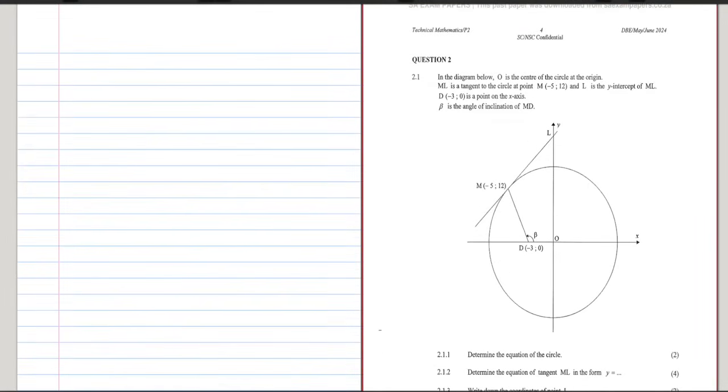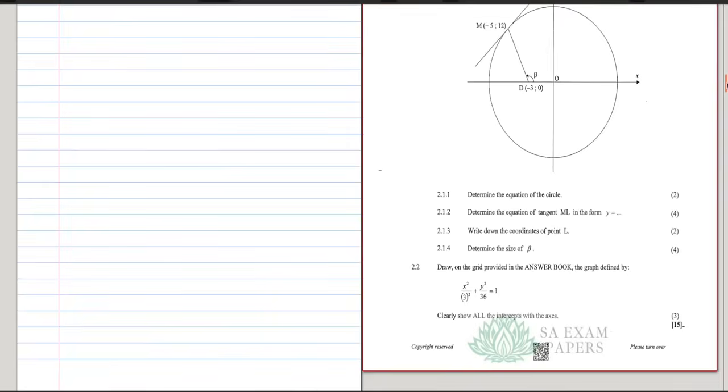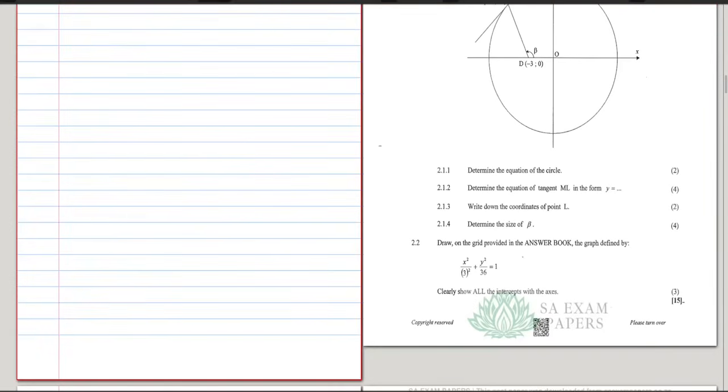Okay, now let's jump to question 2. This question 2 is another question on analytical geometry. So we have 2.1 and 2.2, where we have to sketch an ellipse.